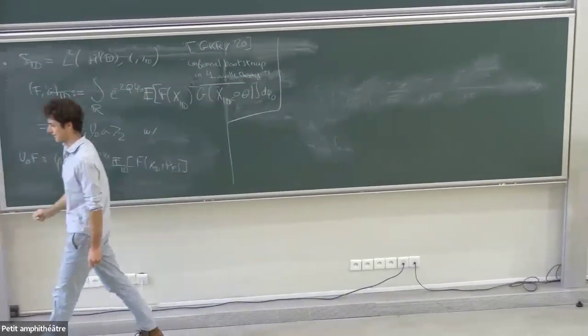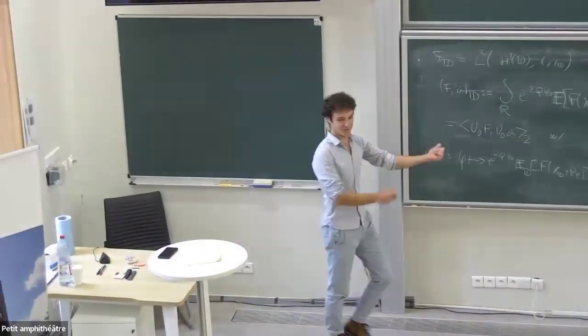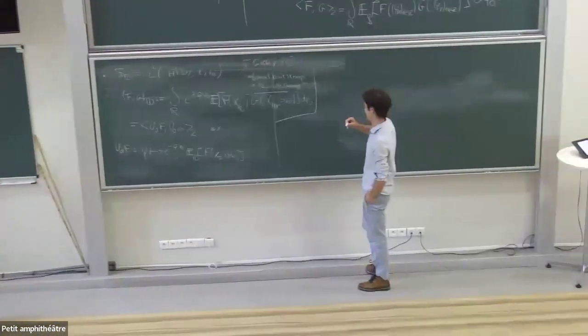You can also look. I've put the second version of my paper, the paper with the same name as the title of the talk. So you can also have a look there.